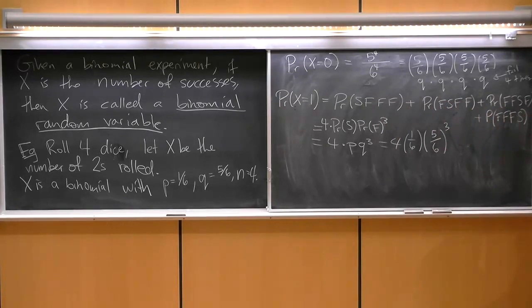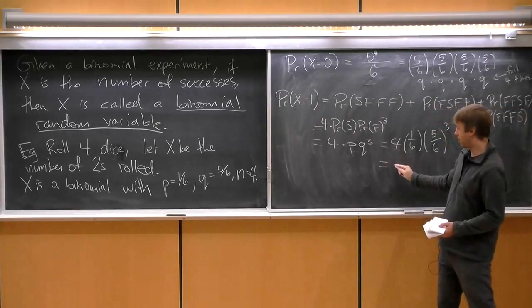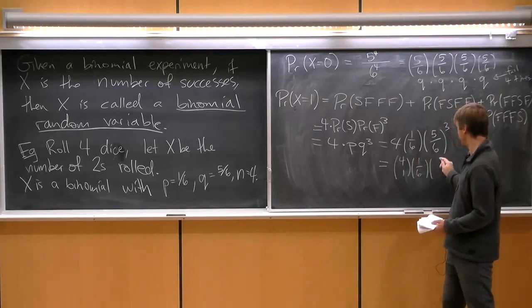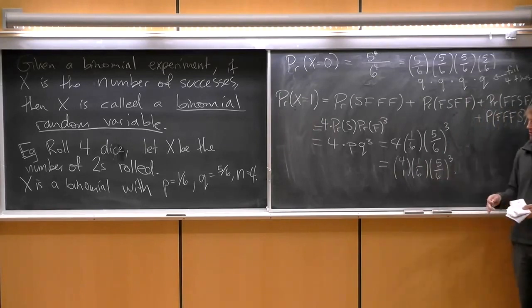What I'm trying to eventually do is come up with a pattern here. In order to make this pattern a little bit clearer, instead of writing a 4 here, I want to think of that as 4 choose 1. This is something we were able to compute before, right?